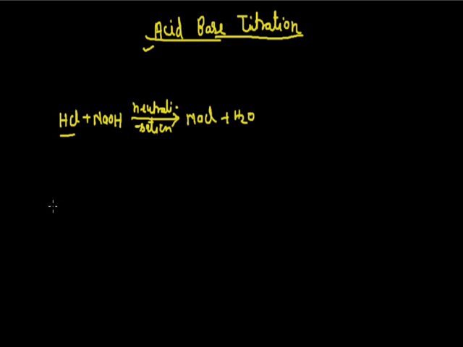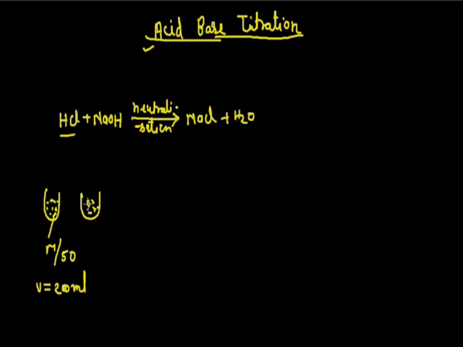Whenever we do this reaction using volumetric methods, suppose we have HCl in one container and NaOH in the other container. The HCl has a molarity of M by 50 and a total volume of 200 ml.